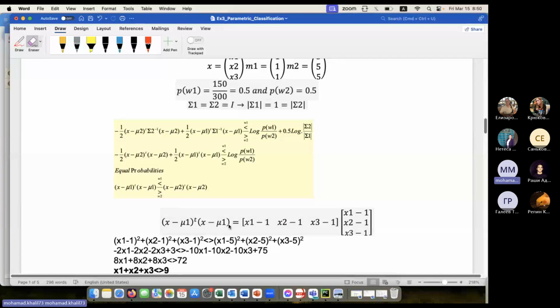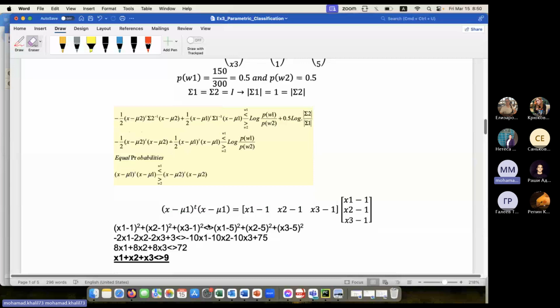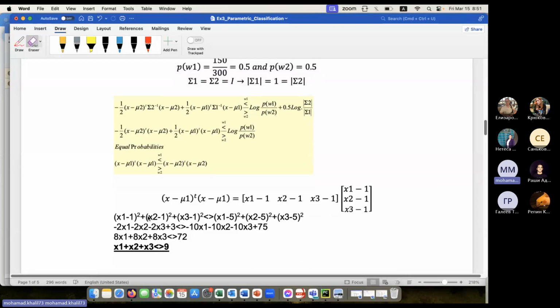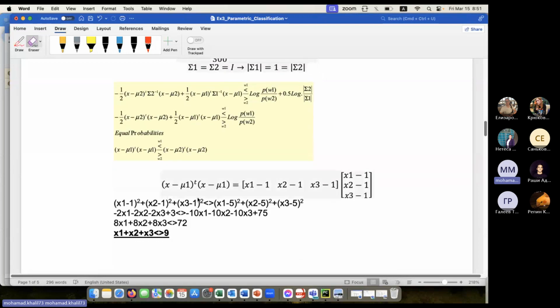It's the distance: x1 minus 1 squared, x2 minus 1 squared, x3 minus 1 squared, less than or greater than x1 minus 5 squared, x2 minus 5 squared, x3 minus 5 squared. You develop x1 squared, x2 squared, x3 squared on both sides.